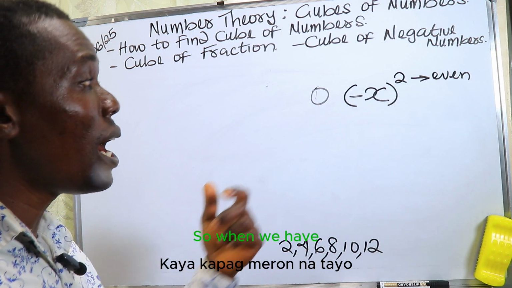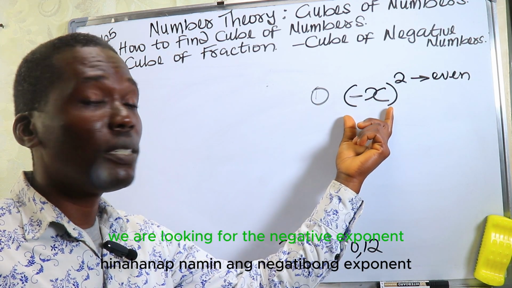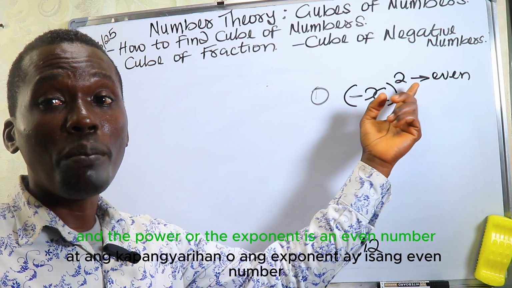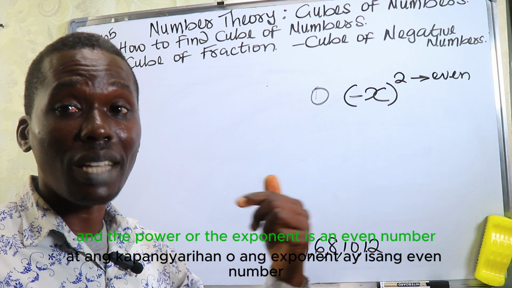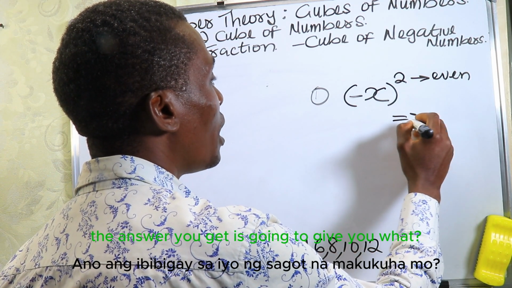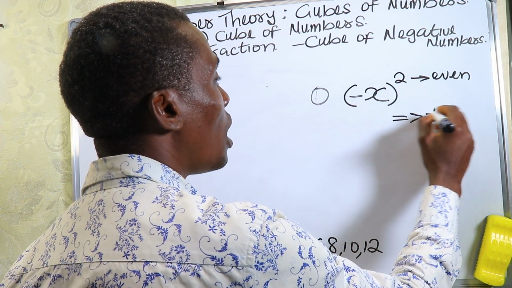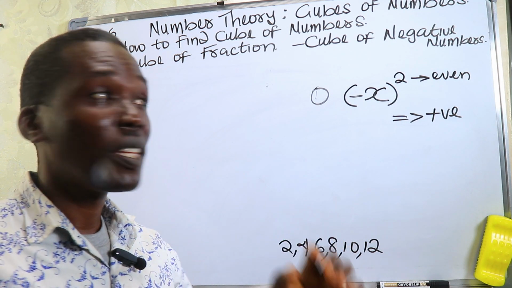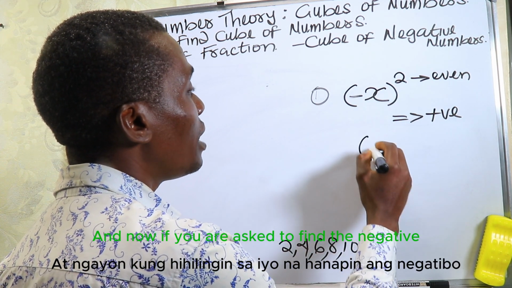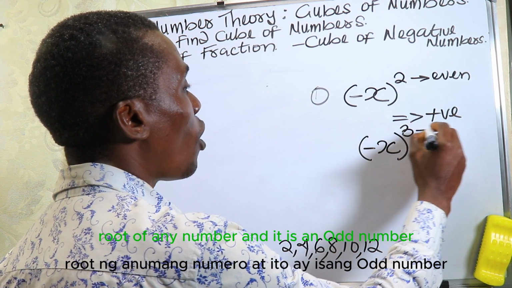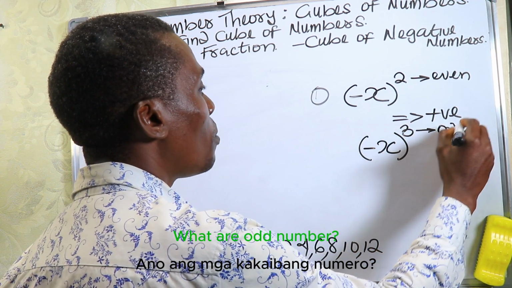So when we are looking for the negative exponent or the negative power of any number, and the exponent is an even number, always know that the answer you get is going to give you what? A positive result. Always note that. And now if you are asked to find the negative root of any number and it's an odd number, what are odd numbers?